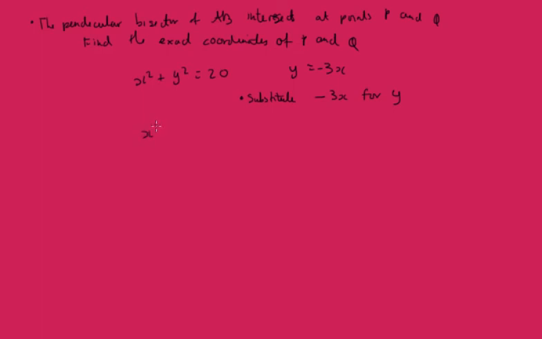So we'll have x squared plus (-3x) squared equals 20. So that's going to give us 9x squared plus x squared, which will give us 10x squared altogether equals 20. So x squared must be 2, so x must be plus or minus the square root of 2.